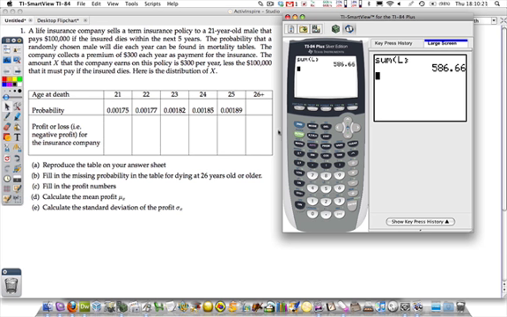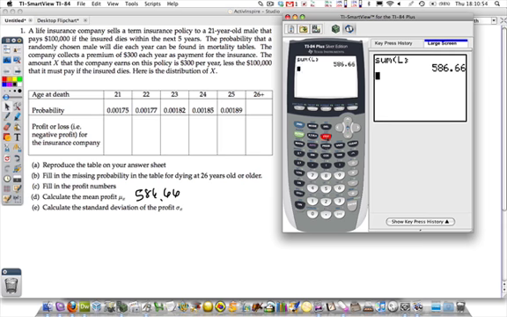I think what I got before was 586.56 or 586.65, I forgot which. So probably some round-off error happened as I was multiplying it out, because I was using a little cheapo calculator rather than the TI calculator. So now I know what the mean is, 586.66. I'm going to write this down here so I have it. Now we've got to do the standard deviation.